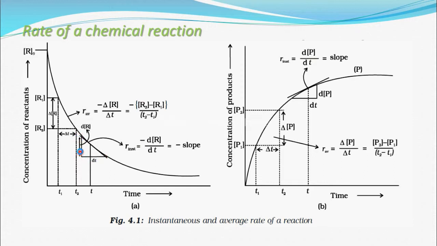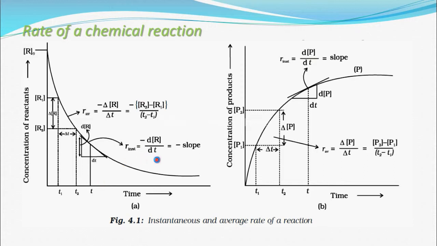This distance is on the concentration axis, so that is dR, and this distance is dt. So r instant is minus dR by dt, that is equal to minus slope. Minus indicates that for reactant, concentration will be decreasing. So the slope of the tangent drawn to the curve at a time t will give you instantaneous rate at that time.